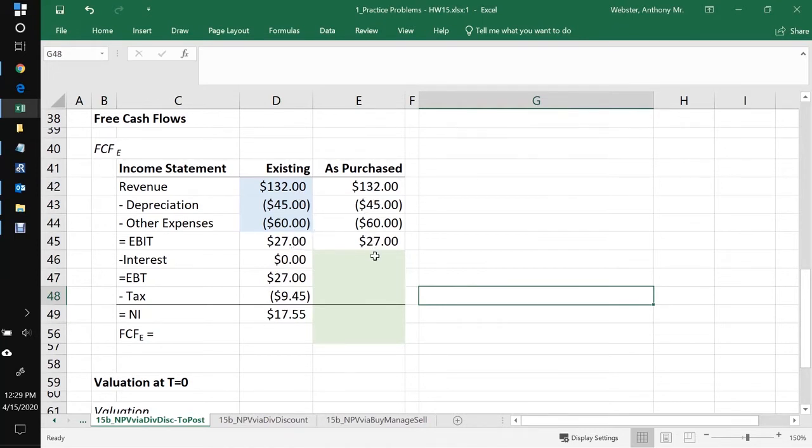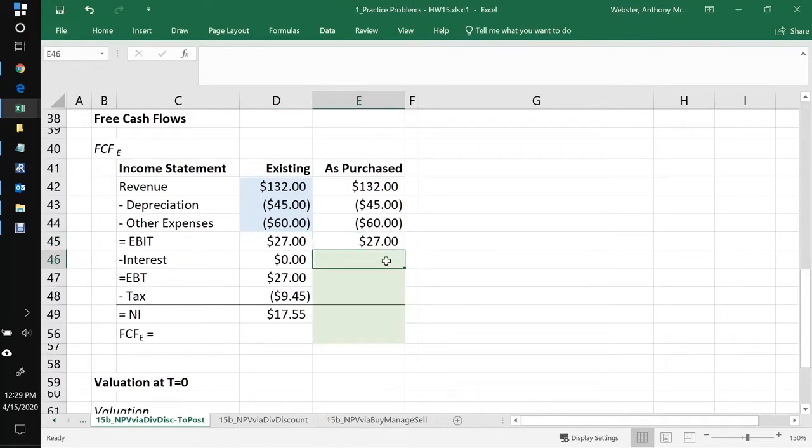Except we're introducing some debt into the firm, so they're going to have some interest, and that's going to affect everything but the interest. But we have the firm take out a loan for 120 million. That has nothing to do with the firm's revenue, so these two remain the same. Has nothing to do with depreciation expense. Has nothing to do with other operating expenses. And so therefore the EBIT here is going to remain the same at 27 million.